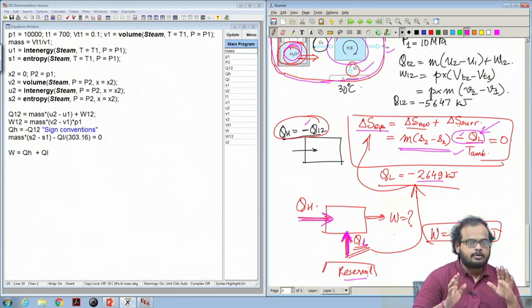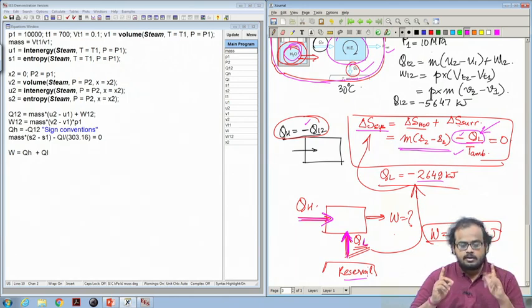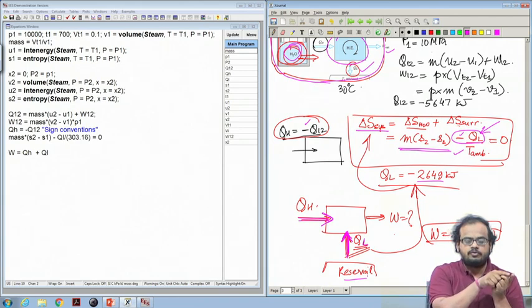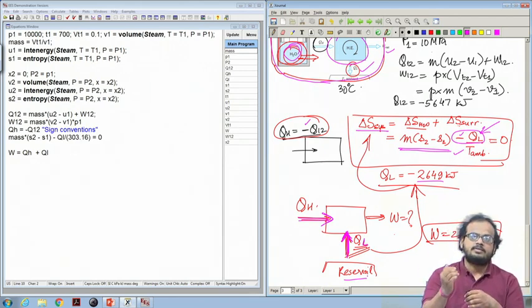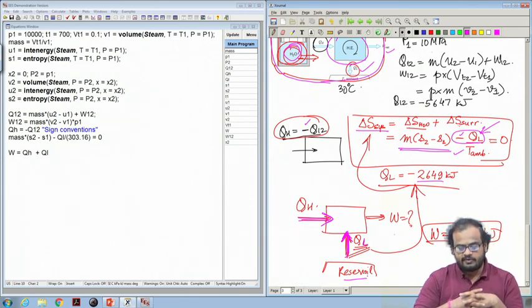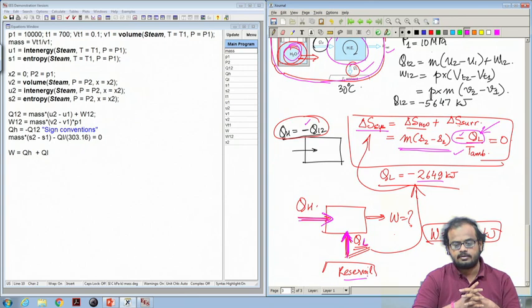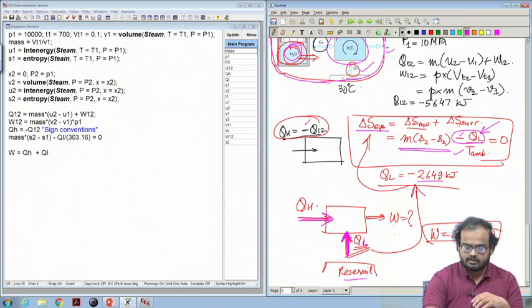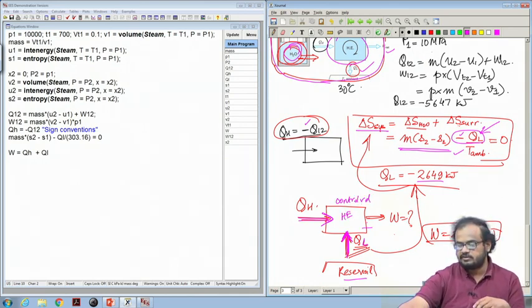Please do this problem on your own, try to understand which control volumes to analyze. Here we analyzed H2O first, the whole system plus surrounding second, and then the heat engine third. Using this we were able to find out the work output of this particular heat engine. This is the work done by the system, because as per convention work is coming out of this control volume.